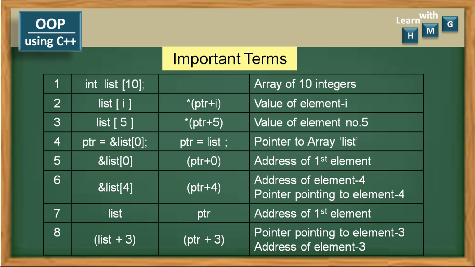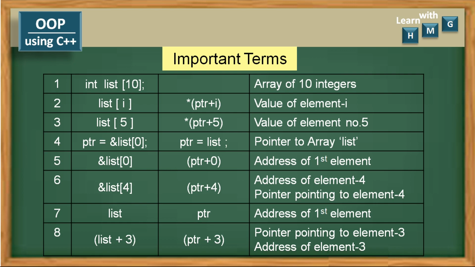Then the fifth term: ampersand list of 0, in terms of pointer, is ptr plus 0, and both represent the address of the first element, that is element number 0. The sixth term: ampersand list of 4, in terms of pointer is ptr plus 4, and these two terms represent the address of element number 4, or pointer pointing to element number 4.